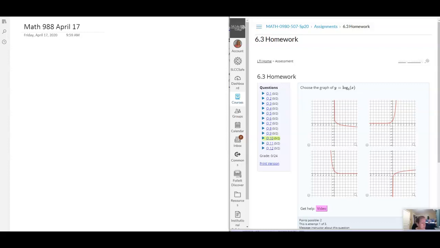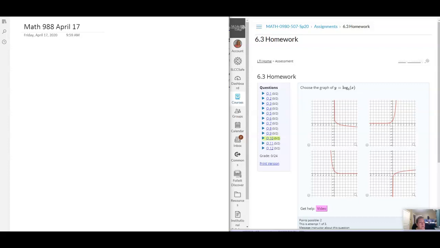All right, well, let's look at some of these graphing ones and make sure that you're feeling good about how to graph these logs. When you started off talking about logs, remember that exponentials and logs undo each other, so they're opposite operations.